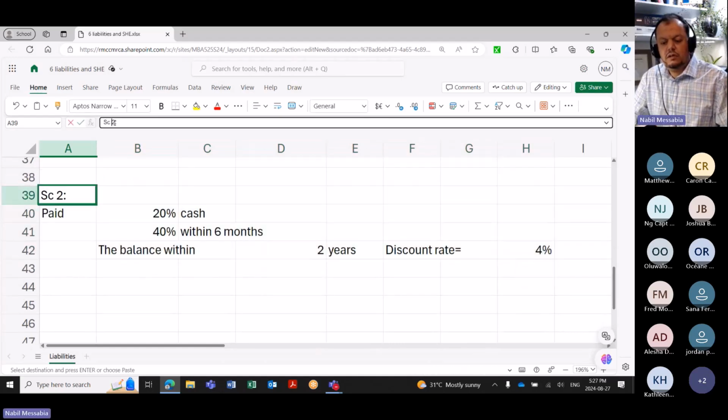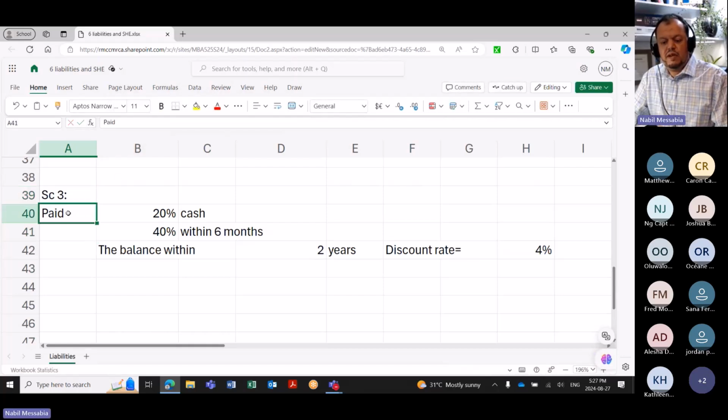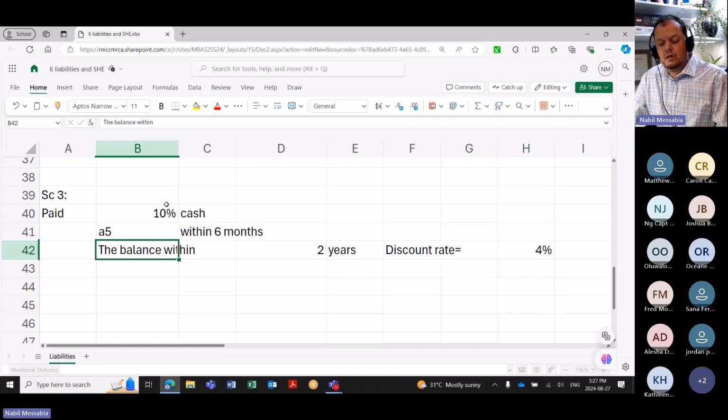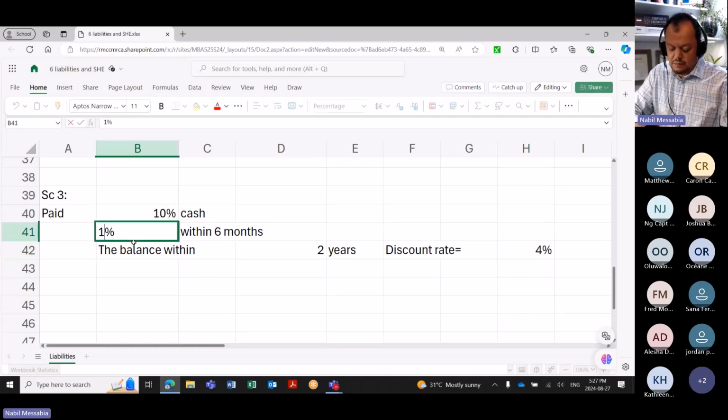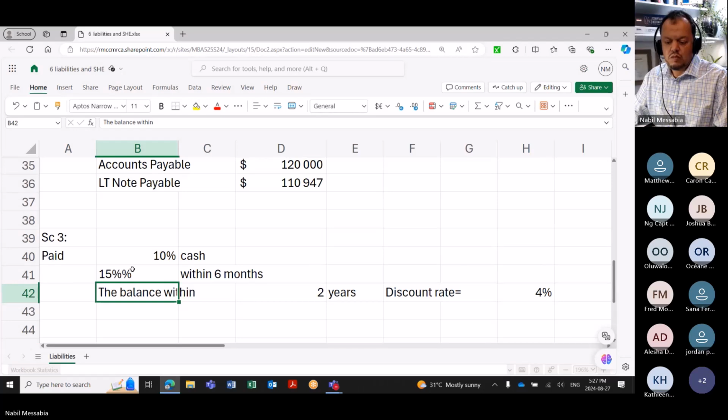Scenario 3, for example, we say we pay, okay, let's say 10% cash, 15% within 6 months, and the balance we are going to pay, or instead let's do it in a different way.